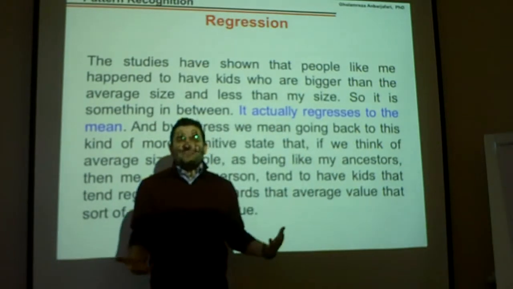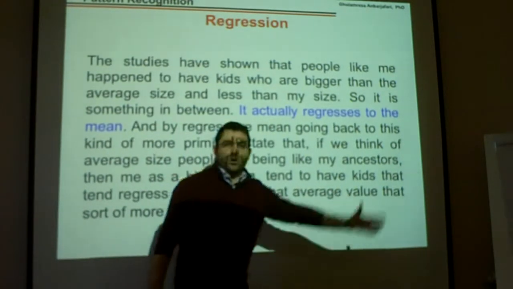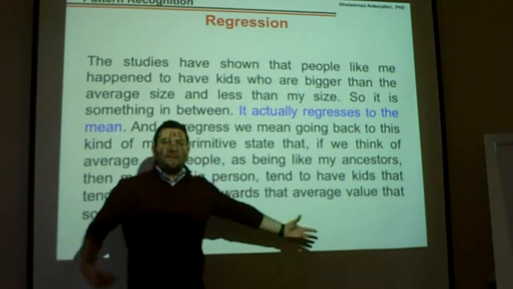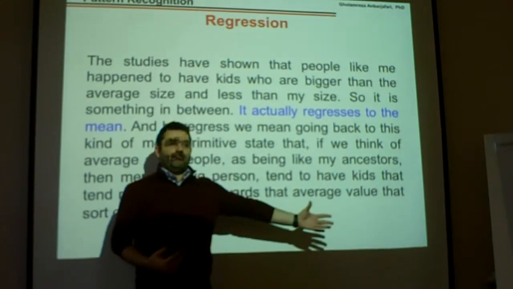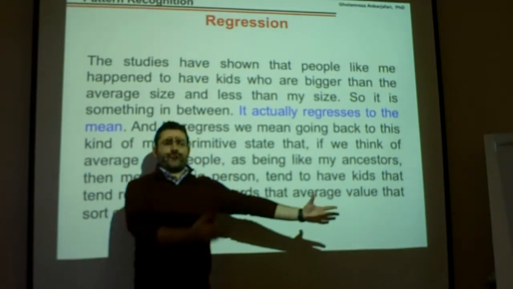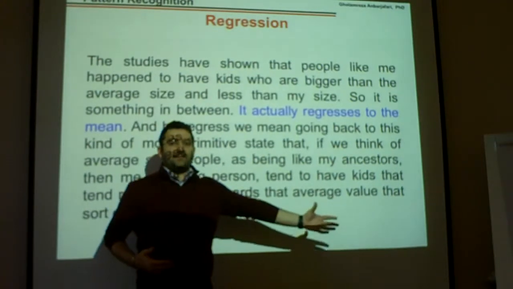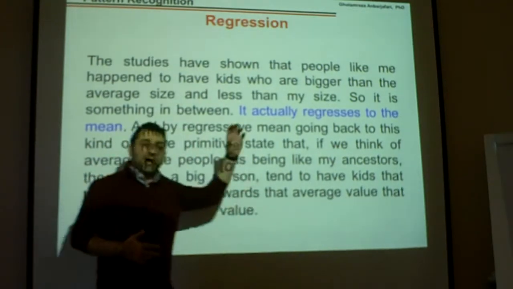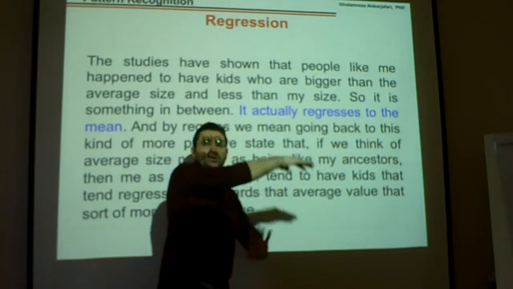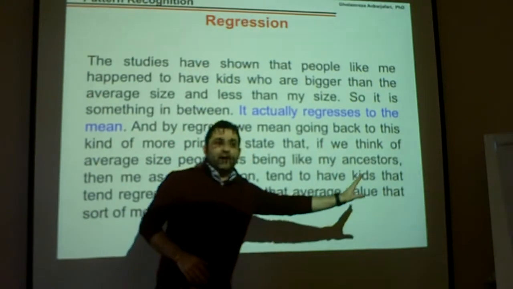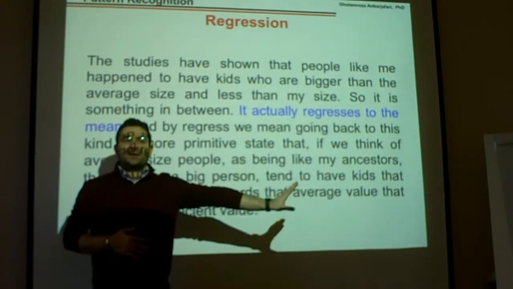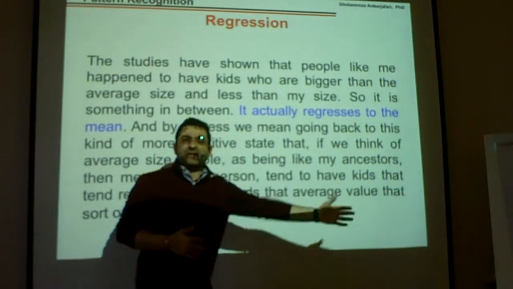What is the meaning of the mean? The mean means that everyone was like me, but some people came and disturbed this mean. That's why we have variances in the data. But because some of my ancestors were at the mean, and I descend from my ancestors, my kids will be something in between.